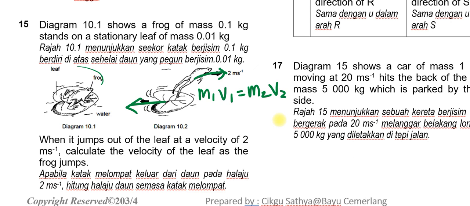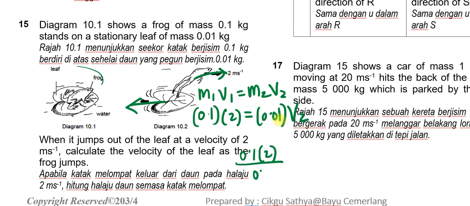So the frog is how much? 0.1 kg. Velocity dia 2 meter per second. Mass to the leaf mass is 0.01. Jangan silap ganti nanti habis. So 0.1 multiplied by 2 divided by 0.01 is equals to V2. What is V2? Let us see. 20 meter per second.